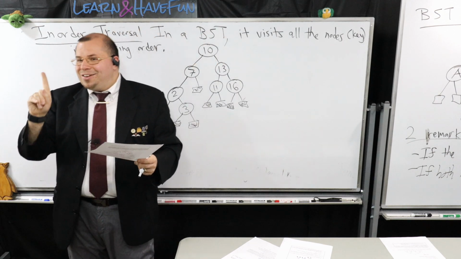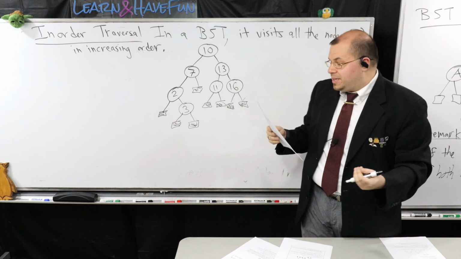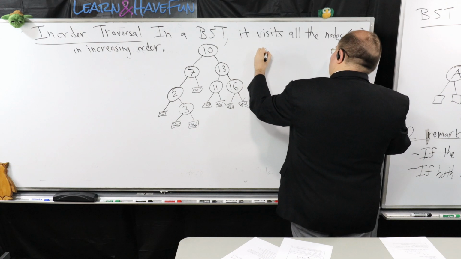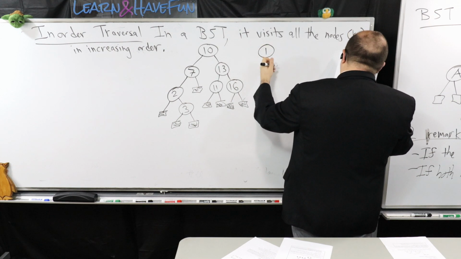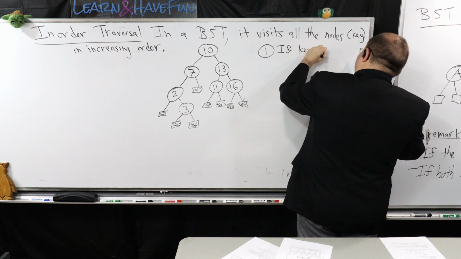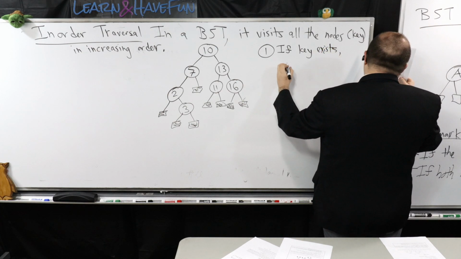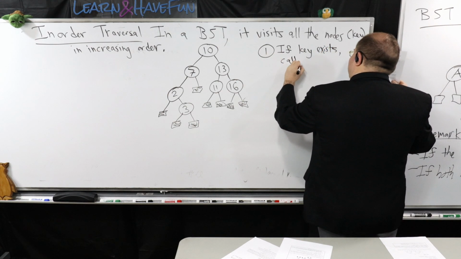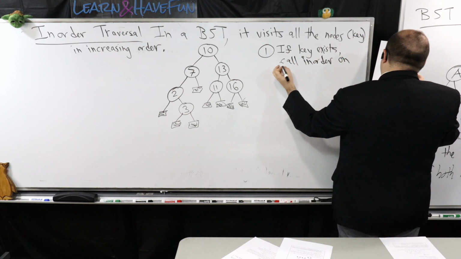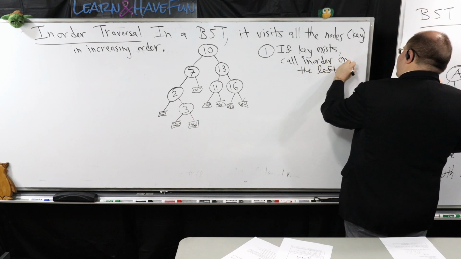When it's in order, as the name suggests, we actually have additional information we can use here. So here we go. First, if a key exists, for example if you're looking for the keys, you call the in-order traversal on the left child. That's the first thing you do.